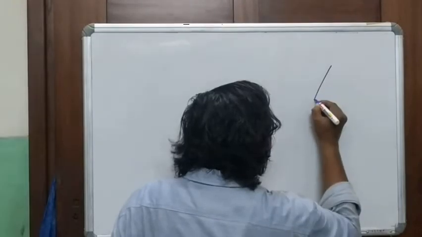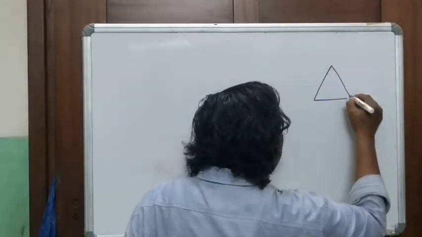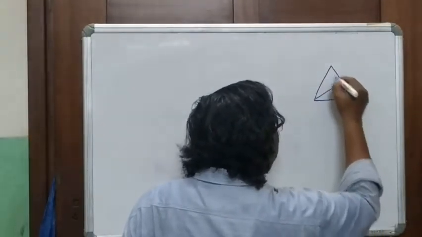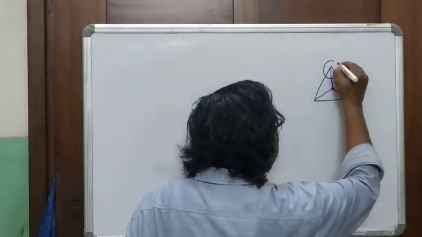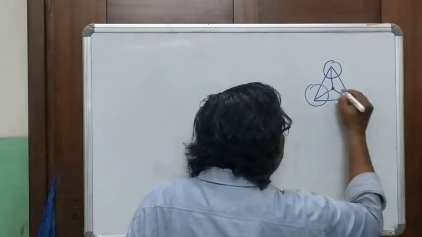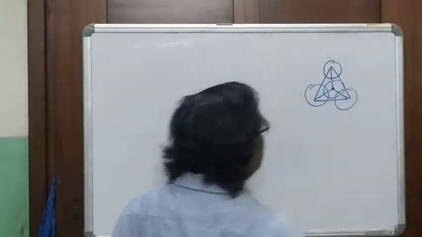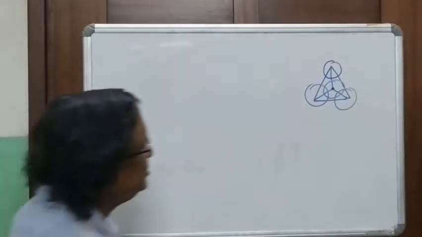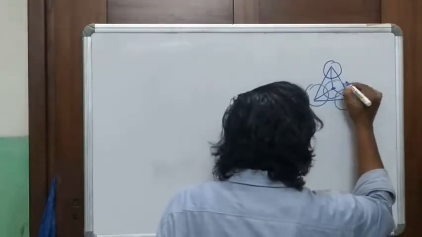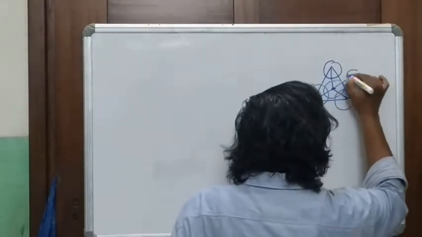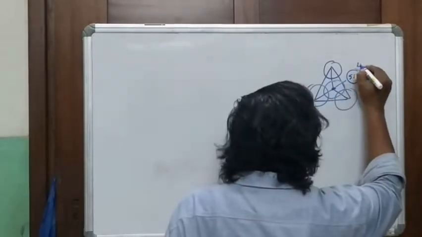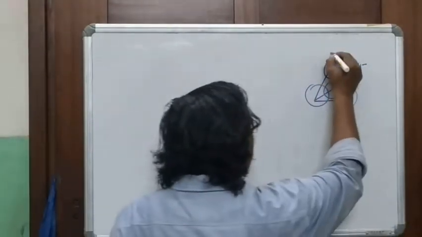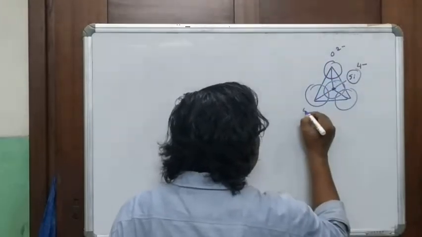This is essentially the SiO4 tetrahedra, where you have 4 oxygen atoms around it, and inside you have a silicon atom which has 4 positive charges, and they are balanced by oxygen with 2 negative charges each.